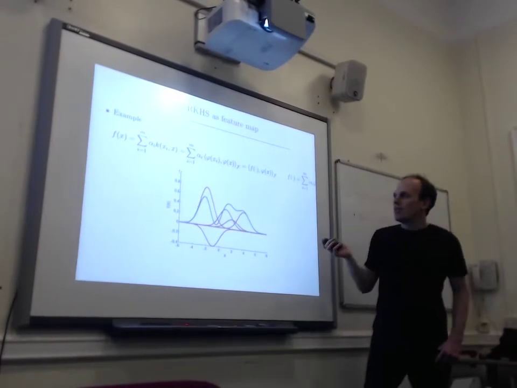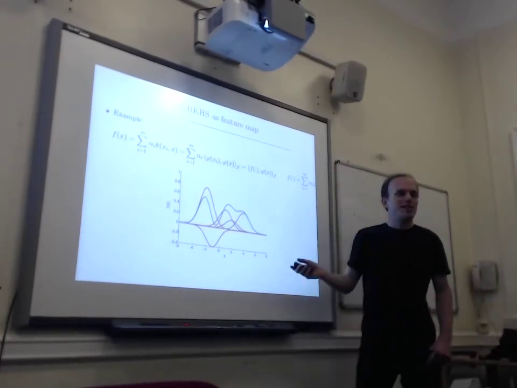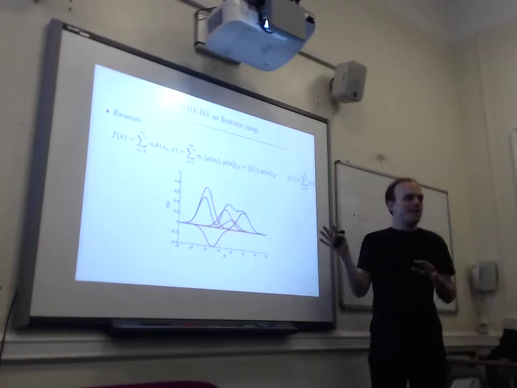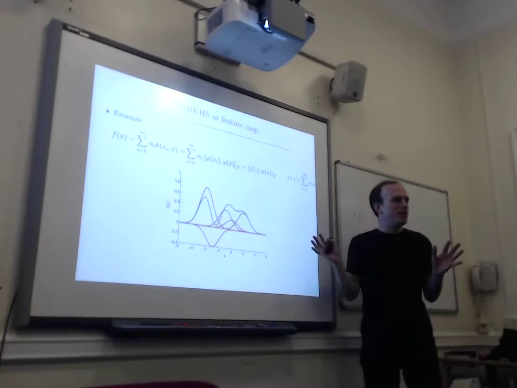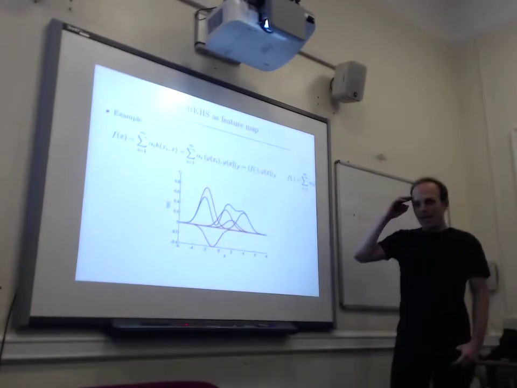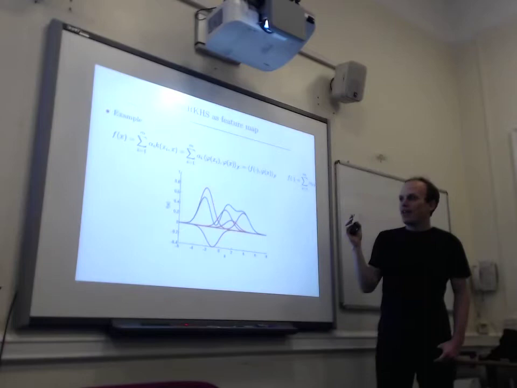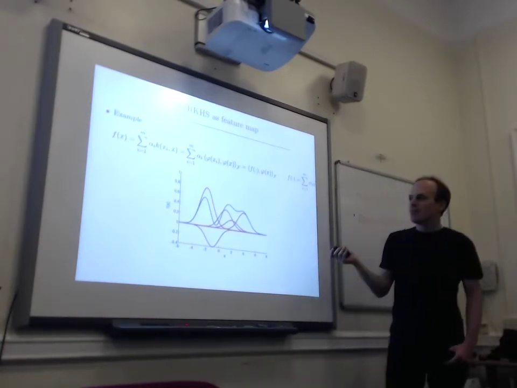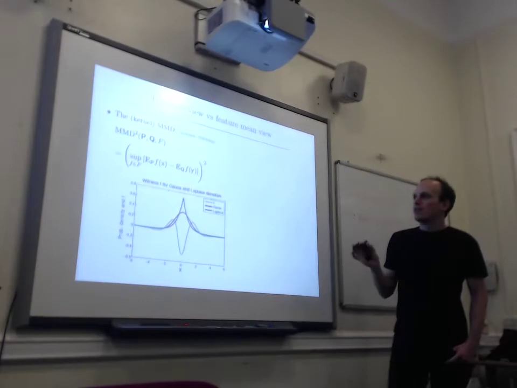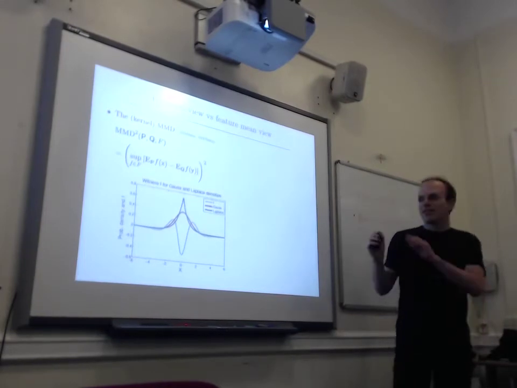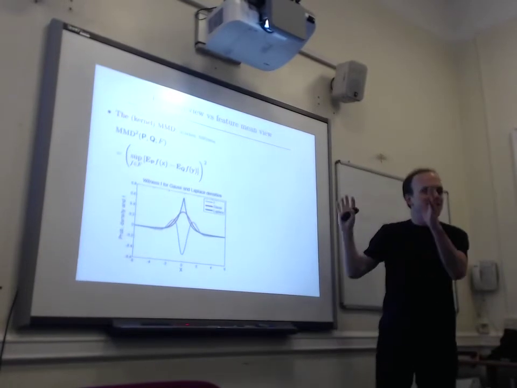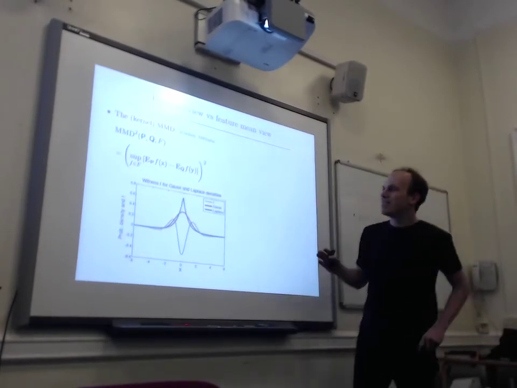So given that we can write our functions in feature space like this, we can then find that this idea of looking for a smooth function that has large amplitude when p and q are different is exactly identical to looking for the distance between expectations of feature maps. Okay? So this is what we're going to do on this slide. So this, I think, is perhaps the most important reasoning for the present lecture.